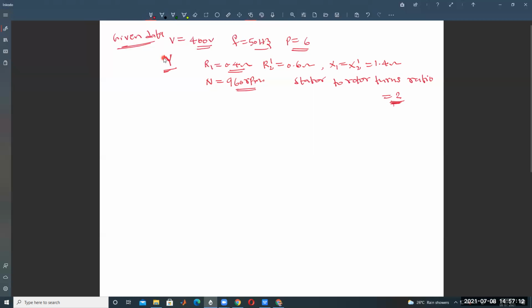R2 dash is equal to R2 by K square. In a similar way, rotor to stator, where K means N2 by N1. Here the turns ratio A is N1 by N2. That means R2 into A square, otherwise R2 by K square. So we will get the resistance referred to the stator side.